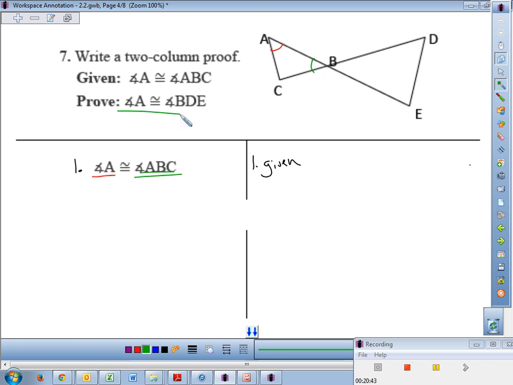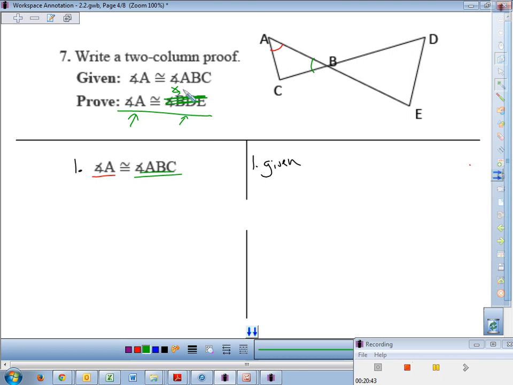Look at what we want to prove. That's our next move. Read the given, write the given, mark the given, then look at what you want to prove. I want to prove angle A the same as angle DBE.